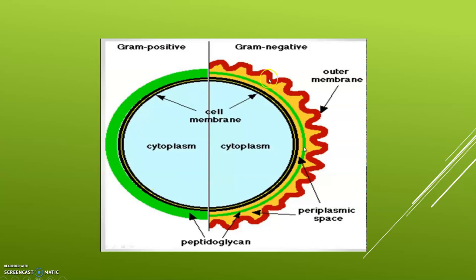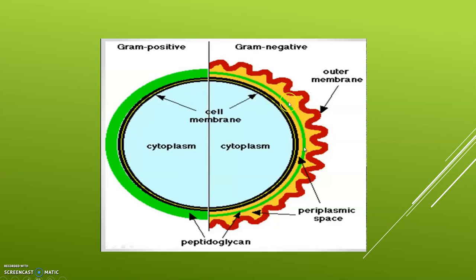While in gram-negative bacteria, they have only a thin layer of peptidoglycan. So the complex can easily move out of it. The alcohol dissolves the outer membrane and this thin peptidoglycan layer.